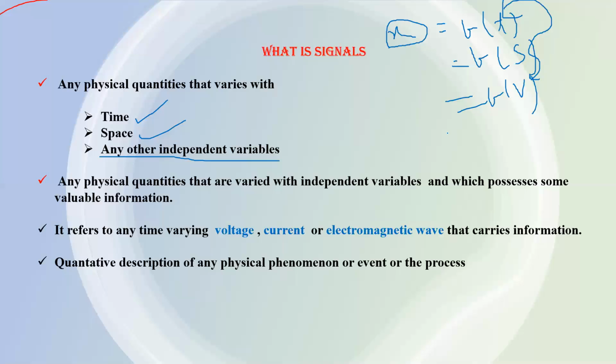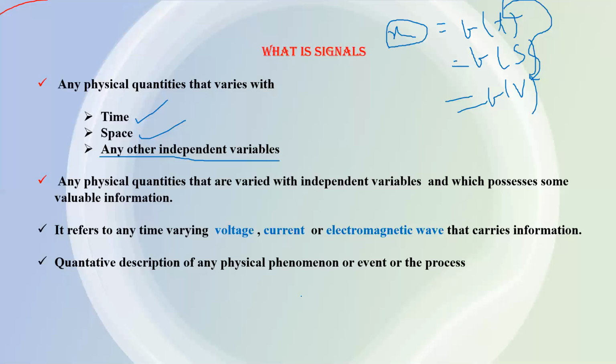So the basic definition is physical quantities, and those quantities should be a function of time, space, or any other independent variable, and they must possess some valuable information. This is the basic definition of a signal.